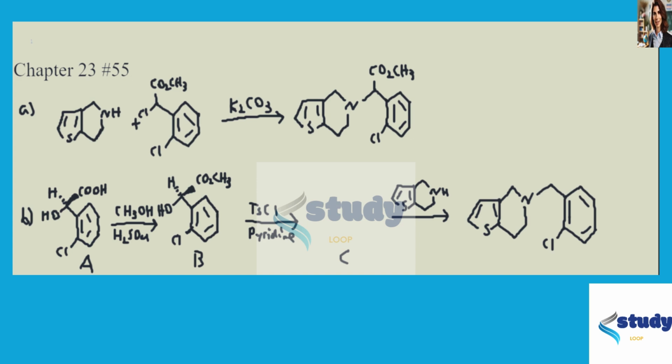Then in C, or to get from B to C rather, we're using tosyl chloride and pyridine. And hopefully everyone knows these are conditions for tosylation of an alcohol. And so that is going to be what happens in this step.